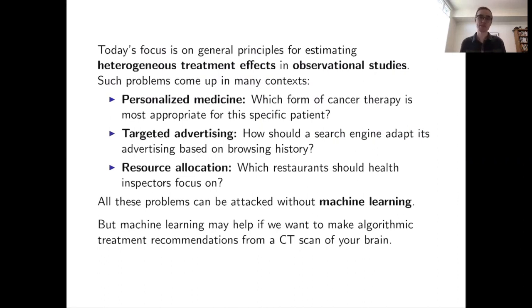You end up in a problem where you want to understand the heterogeneous effect of the intervention. The flip side of this is, again, suppose you have some treatment that has severe side effects. And the side effects are actually a problem. So you'd want to avoid giving the intervention to people who are at high risk of side effects.